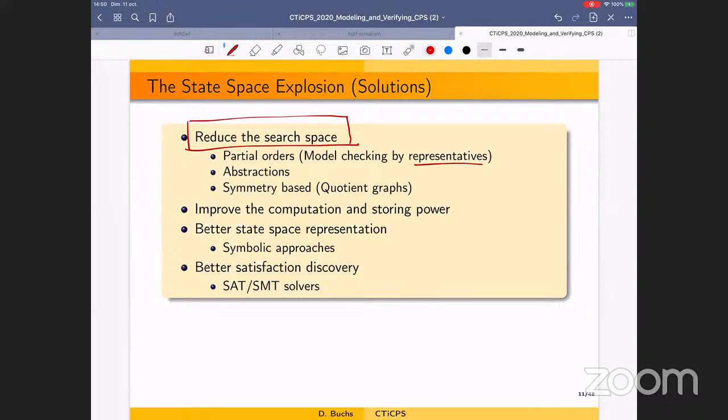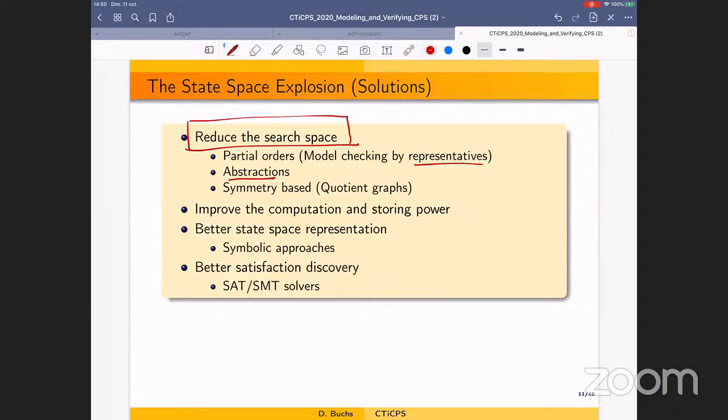There is another approach which is called abstraction, where the idea is to simply reduce the complexity of the system by avoiding some details. And the issue here is that we need a way to be sure that what we are proving is correct with respect to the more detailed system.